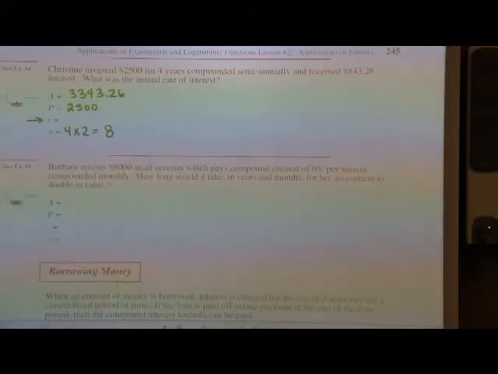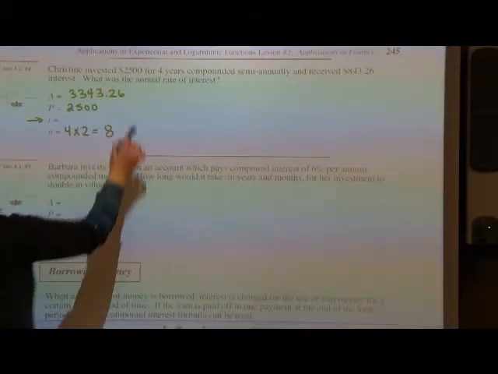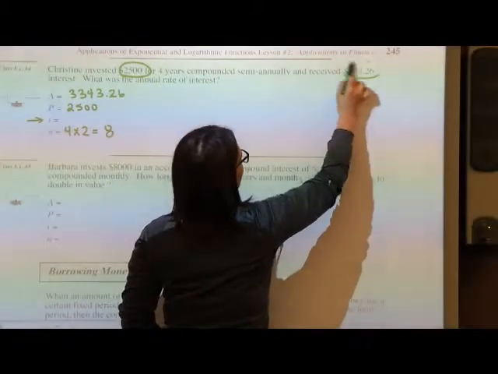And what do I end up with? $3,343.26. And how did you get that amount? You add the interest received to the amount you had at the beginning, because the amount is the interest plus that principal.